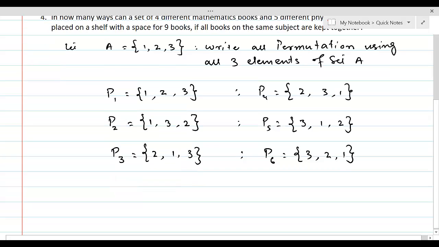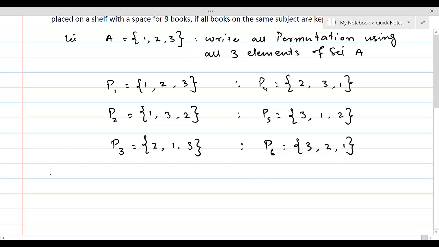If we take an alternative approach, a different approach, what happens if we have 3 objects?